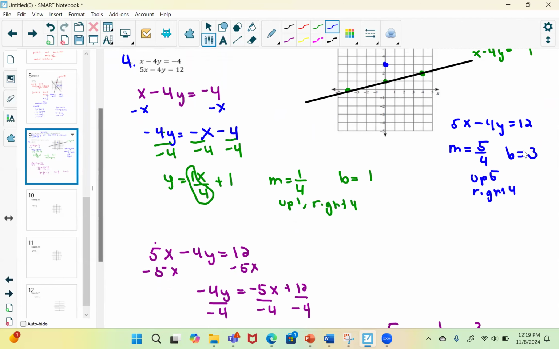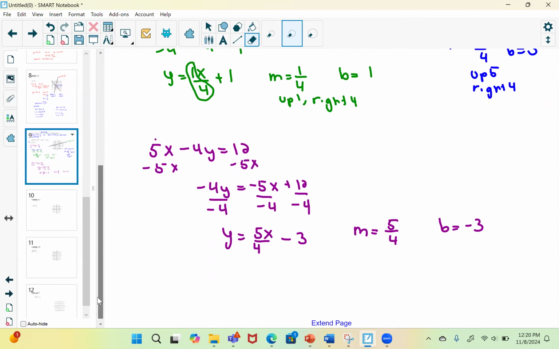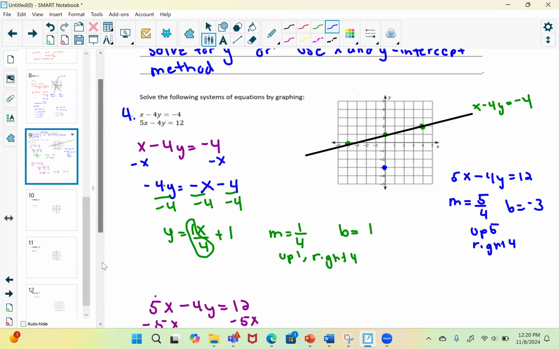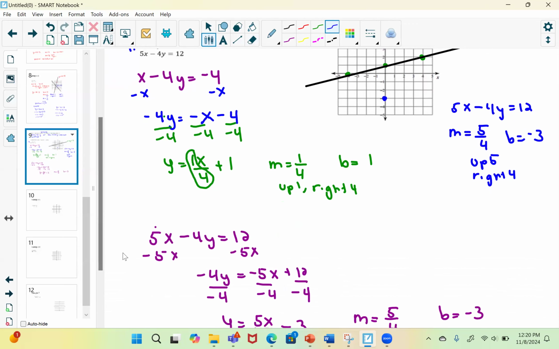Sorry, let me go back. This was -3. I wrote it wrong up here. So b was -3. So just going back, I'm gonna go to -3 on my y-axis.